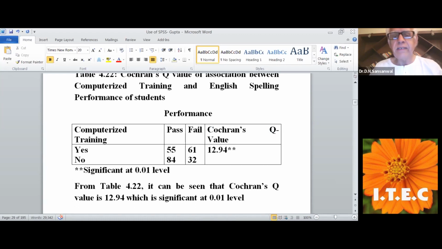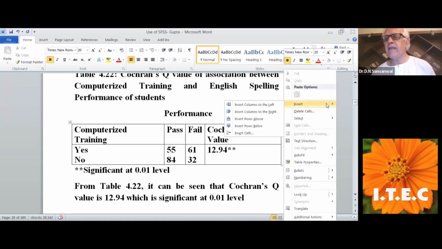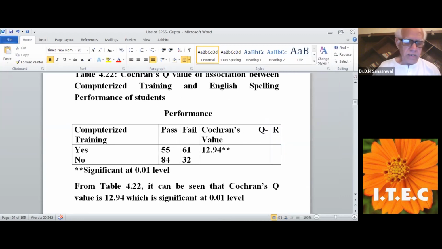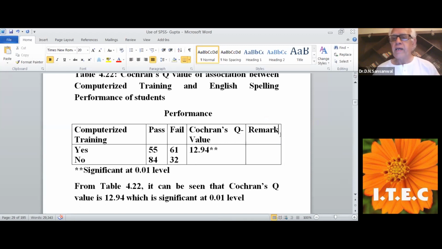Mr. Ramanand, the 0.01 is your p-value. And when I say p-value, it means it is the level of significance, which may be 0.05 or 0.01 or maybe something else. It does not matter. Here I have not put it. If you want, I can put one more column here, and then I can definitely write a remark.